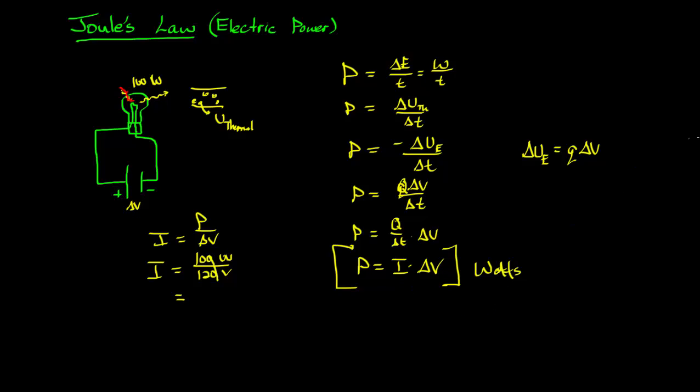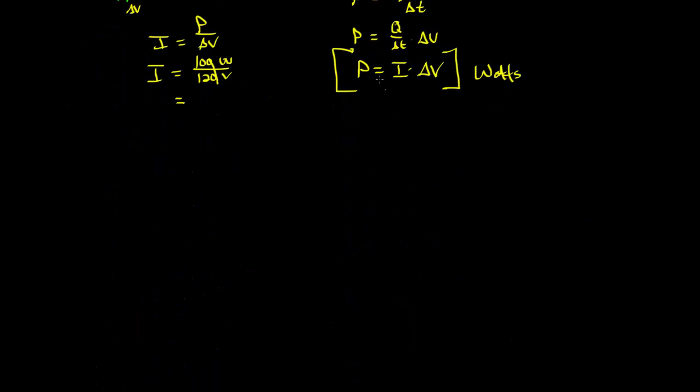Anyway, there are some relationships that we can get here. We now have power, but we can go back because current and potential difference are in there. So we have current is potential over resistance. That's Ohm's law. And if I rearrange it, I get potential difference is IR. So we can use these and get two new ones.